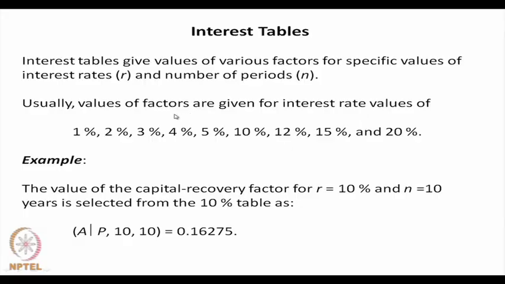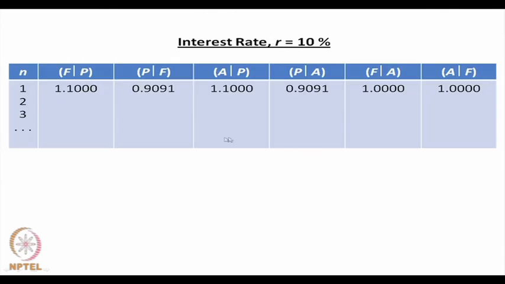For example, the interest tables may be given for 1%, 2%, 3%, 4%, 5%, 10%, 12%, 15%, 20% and different interest rates. For every interest rate, there is a table such as this.